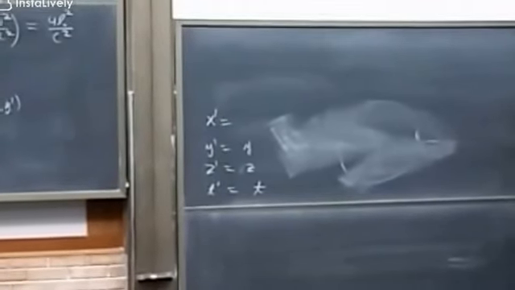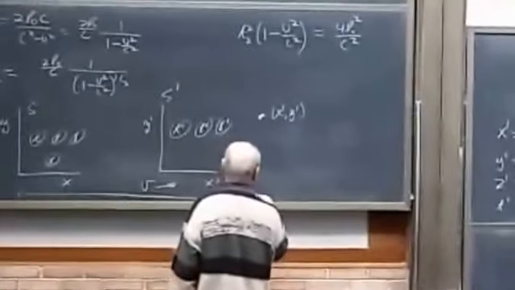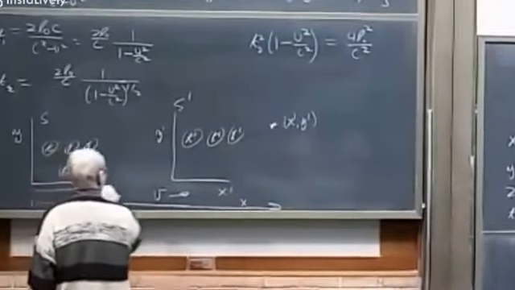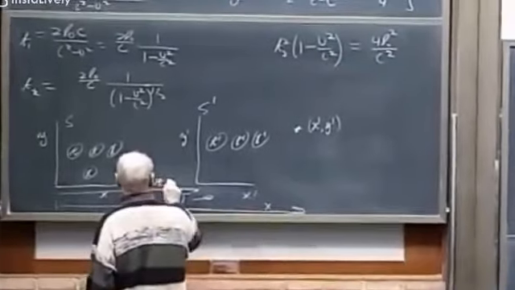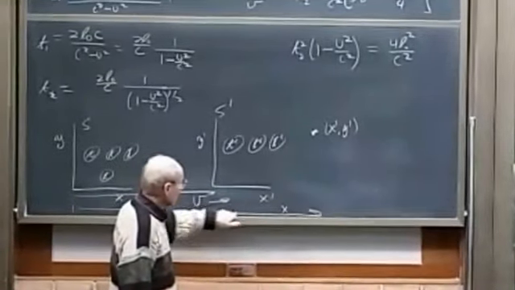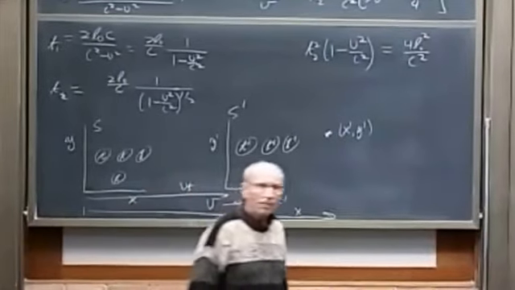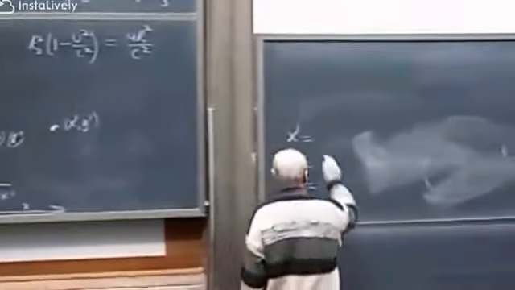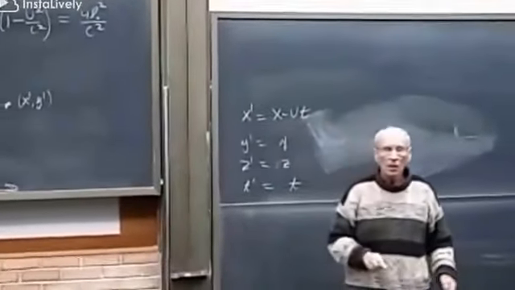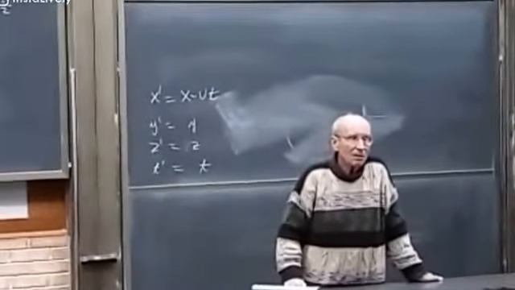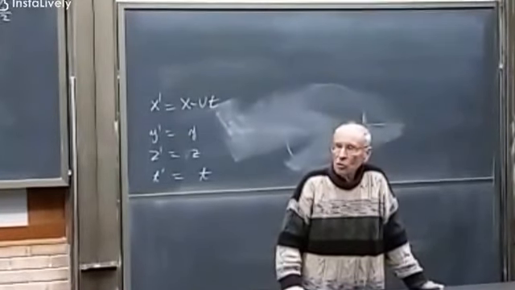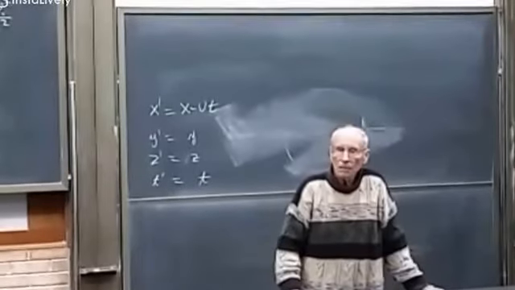This distance, that's x. This distance, that's vt. So, x prime is x minus vt. So that is Galilean relativity. The only thing that changes is the values used along the direction of motion.